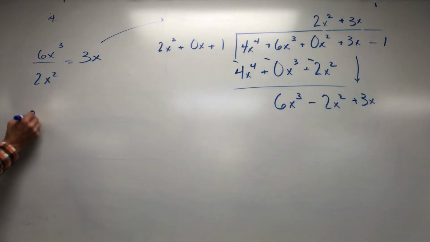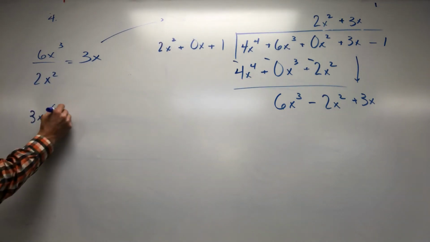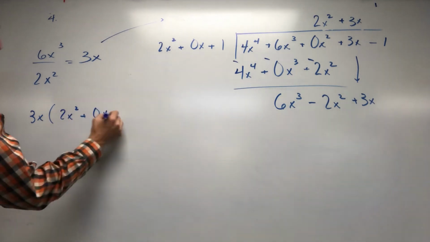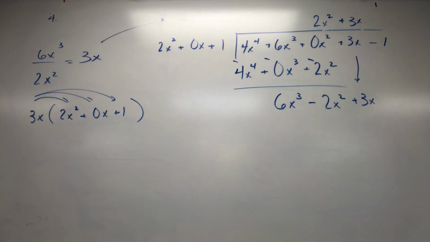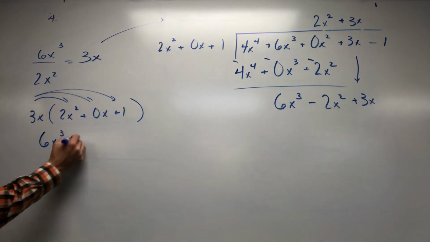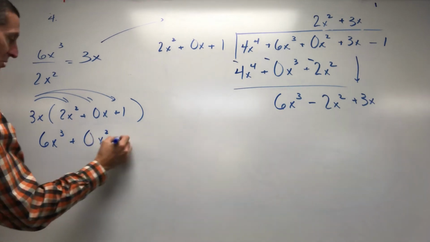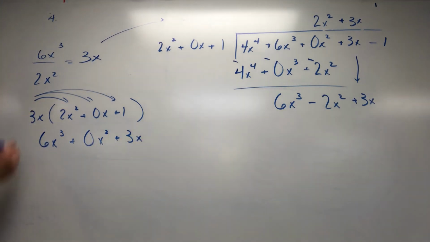We're organized. Let's build another layer. 2x squared plus 0x plus 1. It's going to multiply all the way across the parentheses. 6x cubed plus 0x squared plus 3x.